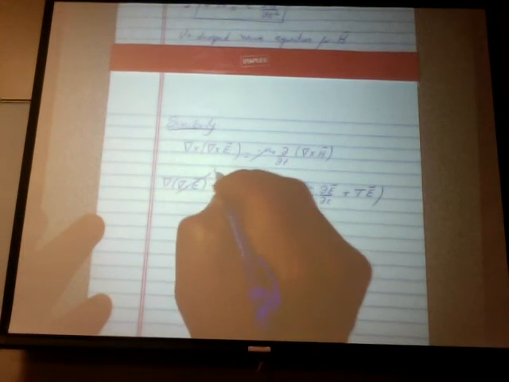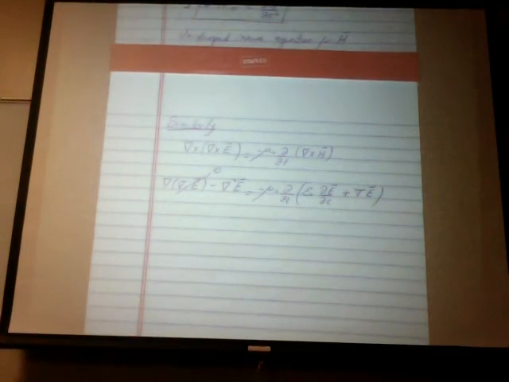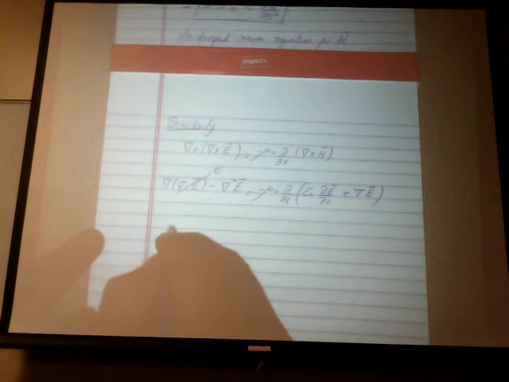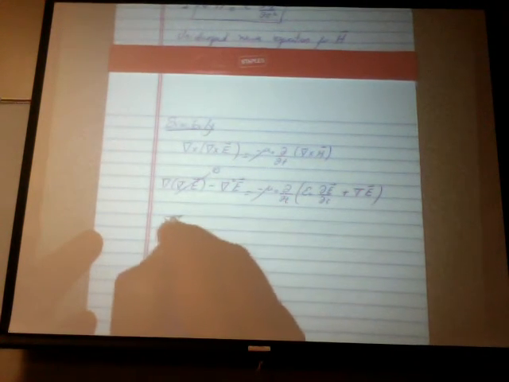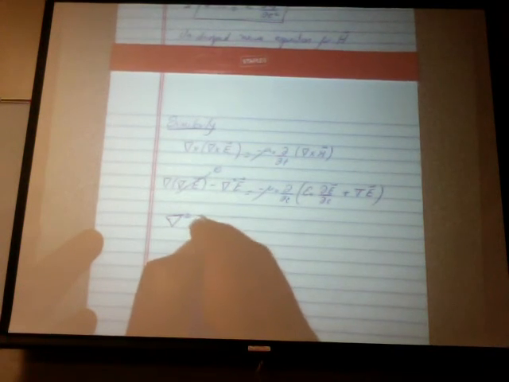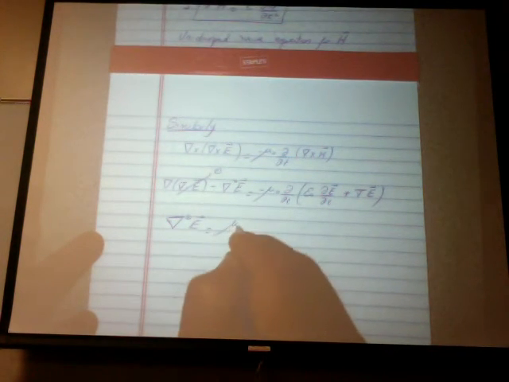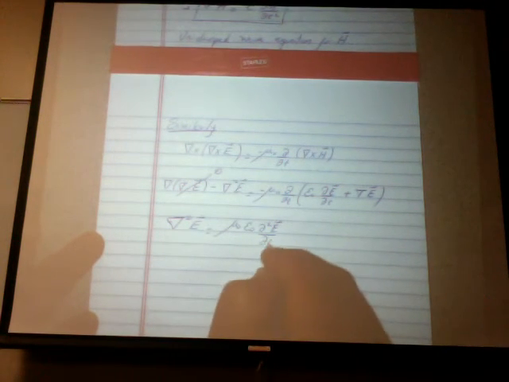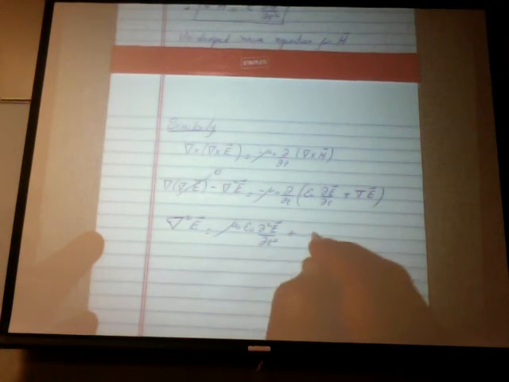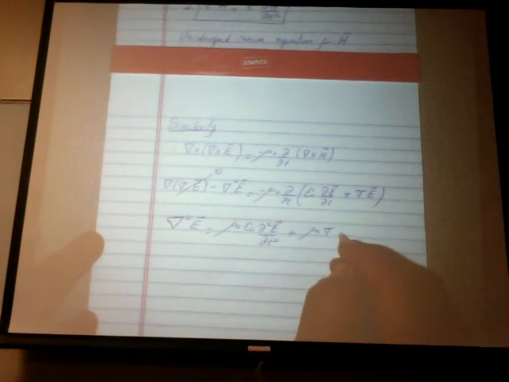Because the electric field is solenoidal, we end up with plus Laplacian of E is equal to mu 0 epsilon 0 second derivative of E with respect to t squared plus mu 0 sigma times the first derivative of E with respect to time.